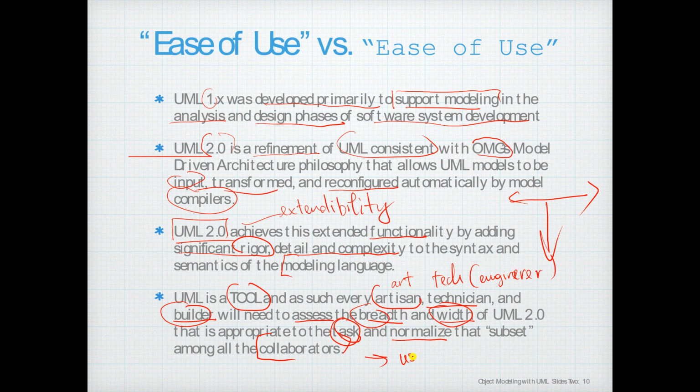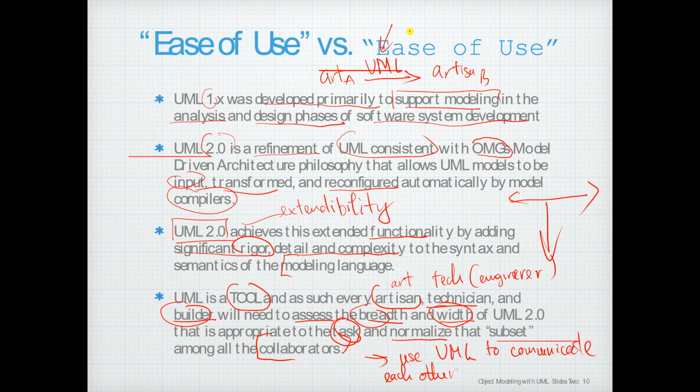They use UML to communicate with each other. For example, if artist A wants to communicate with artist B, they use the UML, since it is a formal language.